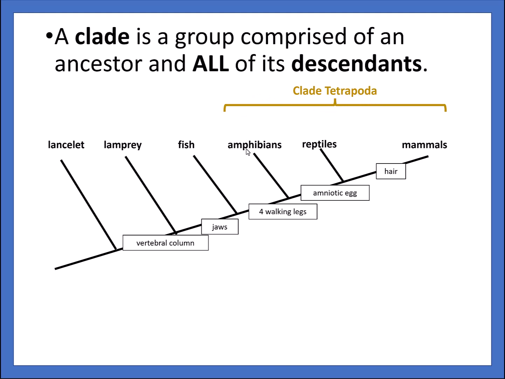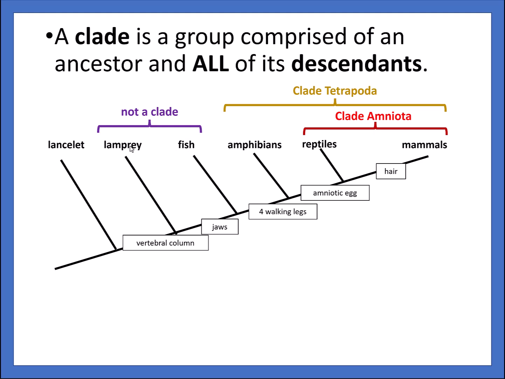And so this group here of organisms, the amphibians, and all of the organisms that come after it are known as a clade. In the same way, the reptiles and all of the groupings that come after it, which in this case just includes the mammals, are known as amniota, and this is also a clade.